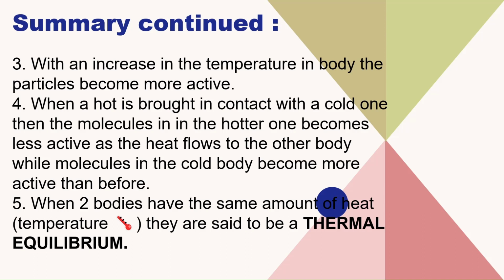When a hot body is brought in contact with a cold one, then the molecules in the hotter one become less active because the heat flows to the other body, while the molecules in the cold body become more active than before. When two bodies have the same temperature, the scientific term used for this situation or condition is thermal equilibrium.